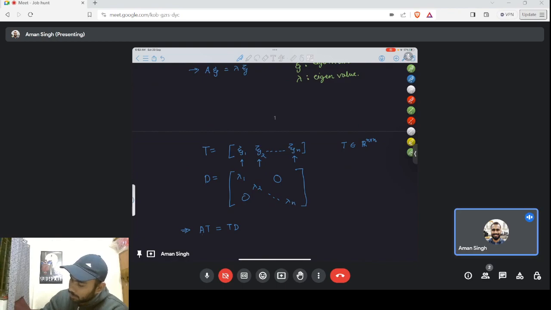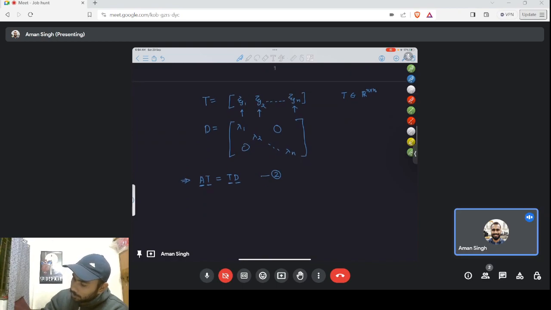Matrix A multiplied by its eigenvector matrix is equal to the eigenvector matrix multiplied by the eigenvalue matrix. Equation 2 and equation 1 are actually one and the same. This one I have written for multiple eigenvectors and values, and the other is for a single eigenvalue and eigenvector.